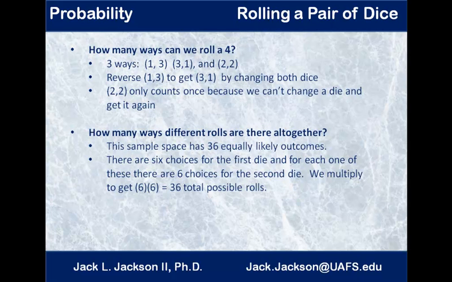So we have 6 choices for the first die, say the red one, and for each one of these, there's 6 different ways we can arrange the second die. So that's 6 times 6, or a total of 36 possible rolls. So the sample space has size 36.